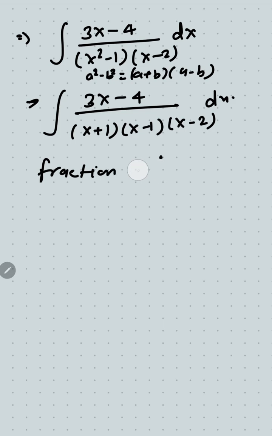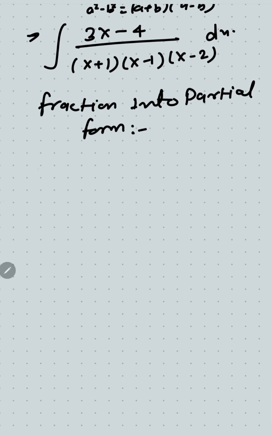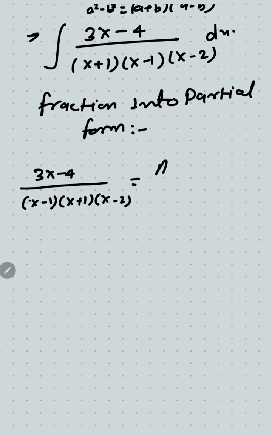Then we convert the fraction into partial form. That is 3x minus 4 over x minus 1, x plus 1 and x minus 2. I can write it as a divided by x minus 1 plus b divided by x plus 1 and c divided by x minus 2.